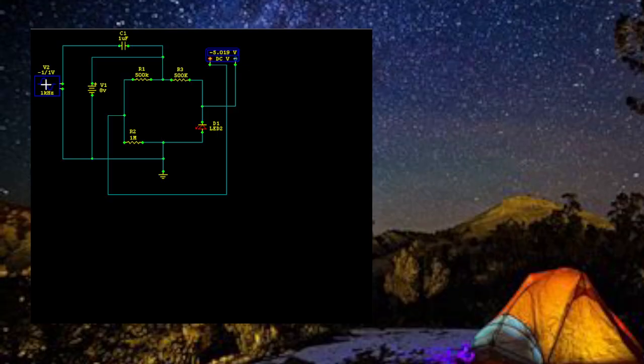So now we've got a source. Let's go ahead and edit signal generator. The peak amplitude is going to be 1 millivolt. The frequency is going to be 1 kilohertz. There's no delay. It's going to be a sine wave.